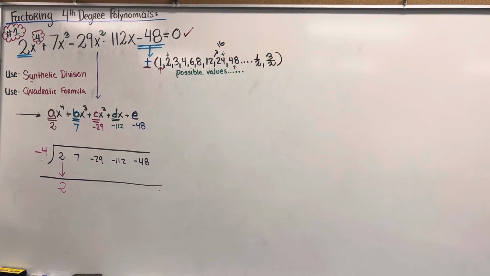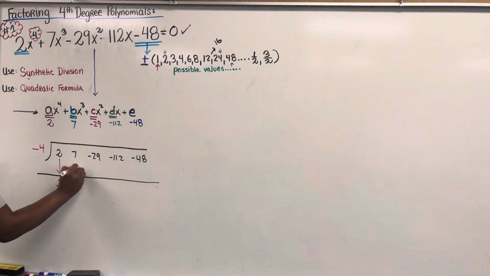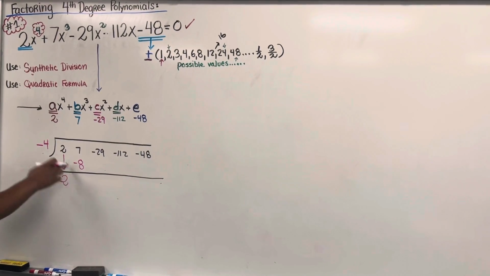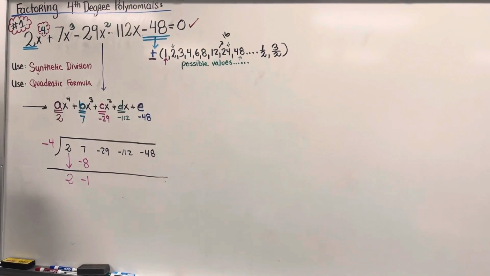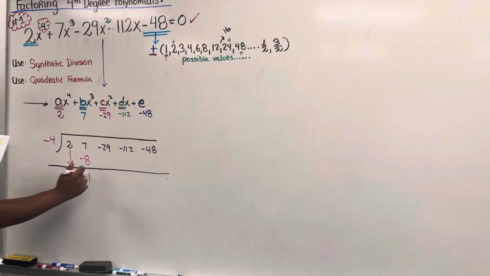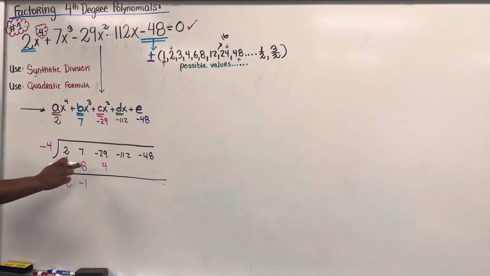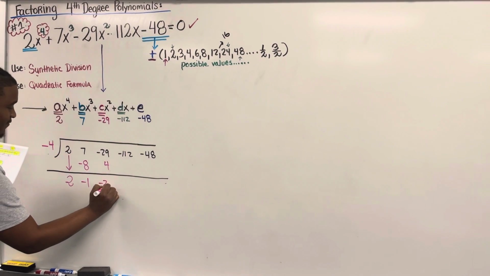So I have negative 4 times 2 is a negative 8. 7 plus a negative 8, or you could just say 7 minus 8, is a negative 1. Negative 4 times a negative 1 is a positive 4. Negative 29 plus a positive 4 is a negative 25.